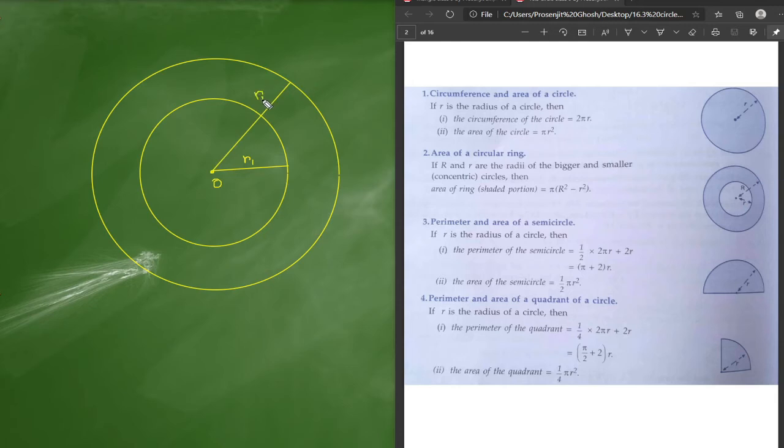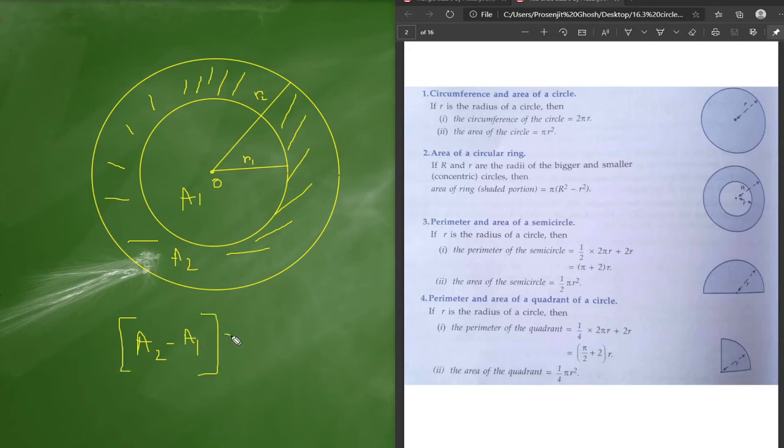So what do you have to find over here? You need to find the area between these two circles. This is the shaded region, and you have to find the area of that. I think you already know how to find this: you need to subtract the area of the smaller circle from the area of the bigger one. That is the only way to find this. So this is your master formula.